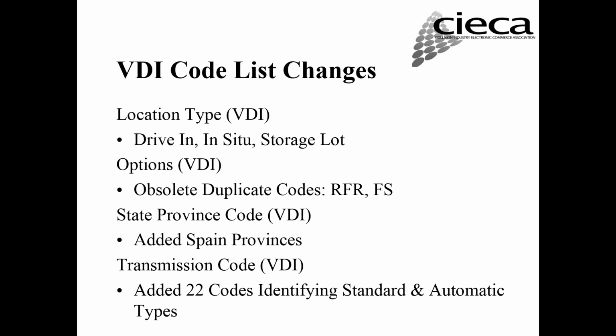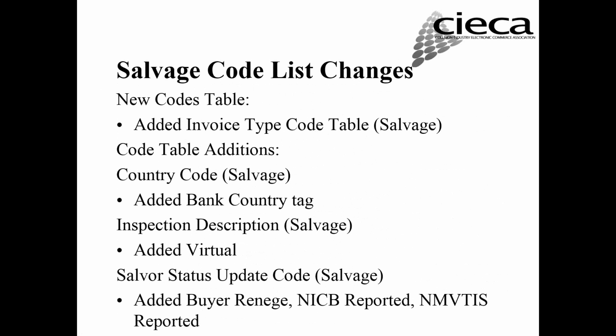For the state province code, we added a number of province enumerations for the provinces of Spain, and learned that the basic Latin restriction of our code list enumerations doesn't prevent special characters for foreign languages, and we had to work through that issue. And transmission code, a little easier to deal with, but we found 22 codes for standard and automatic type that member companies were using but weren't in the code list yet.